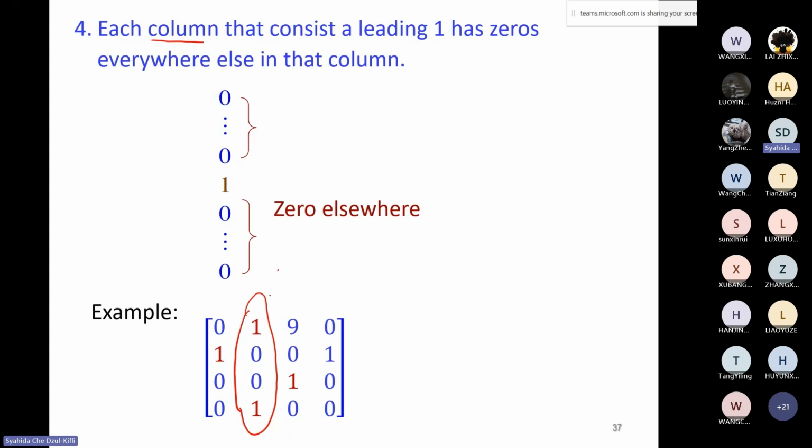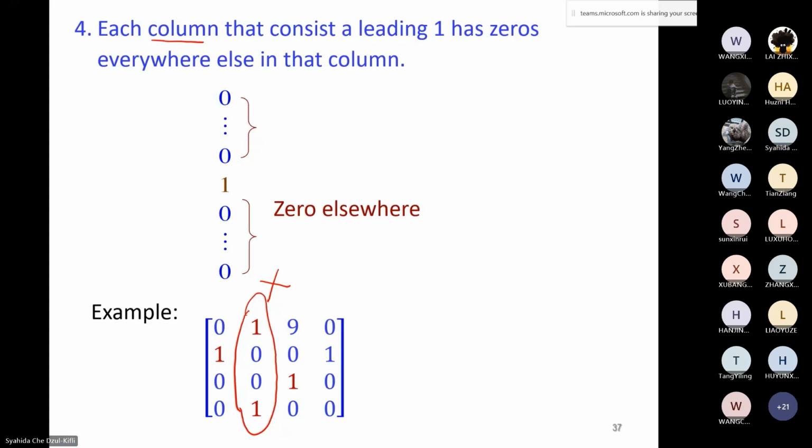So this does not satisfy property 4, because in one column there must exist only one leading one. We cannot have more than one leading one. So that's not correct.